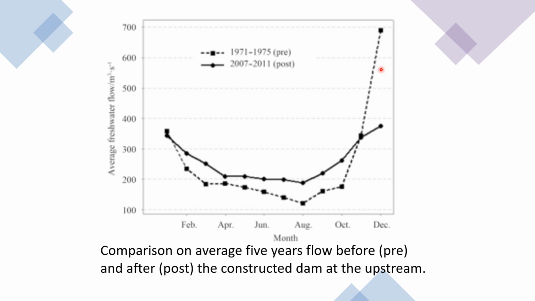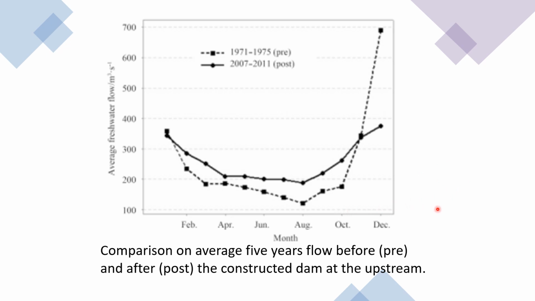And as we can see, before the dam construction, we have much higher freshwater flow on average in the Terengganu River, compared to after the dam constructions, which is slightly lower. And this is another reason why they constructed the Kenyir Dam in the further upstream of the Terengganu River, because they try to protect the river mouth, the towns and cities located along the Terengganu River itself.